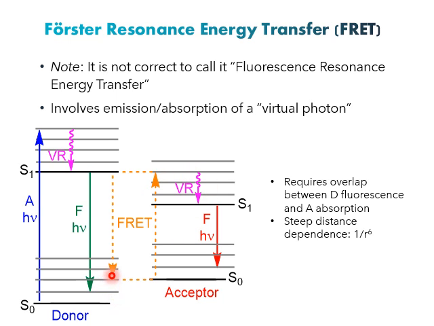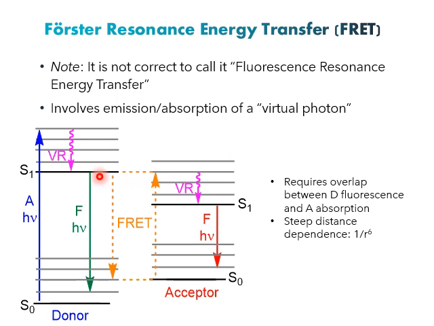So there's no actual emission or absorption of a photon. I want to make that part clear, but it's kind of like that process is occurring. It's almost like you're emitting a photon from S1 of the donor, and that photon is being immediately recaptured by the acceptor, but you can't observe that photon from the donor. It's a virtual photon, as I called it up here.